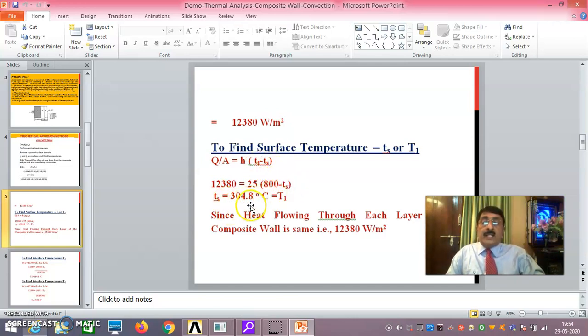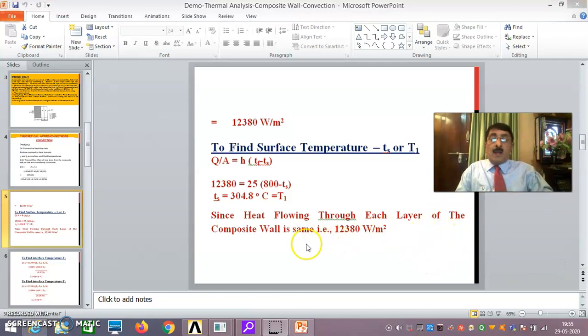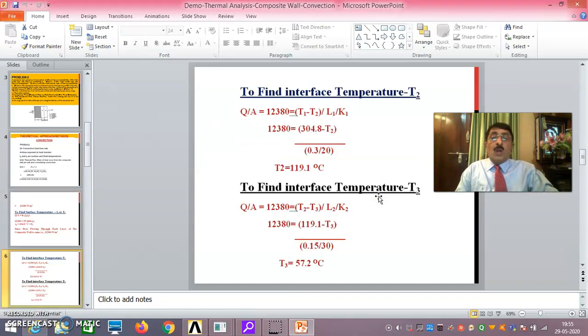TS you get as 304.8, which is T1. Since the heat flowing through each layer of the composite wall is the same, 12380 watt per meter square, for the first layer I take 12380 equals T1 minus T2 over L1 by K1.